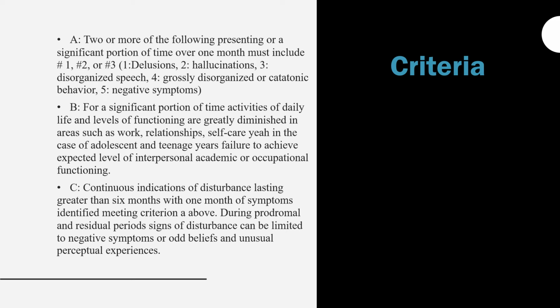Category C, continuous indications of disturbance lasting greater than 6 months. Here is our time period element, and this is where we switch from schizophreniform into schizophrenia. It is very, very important on category C.